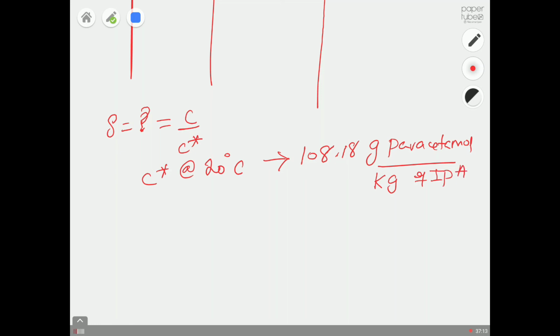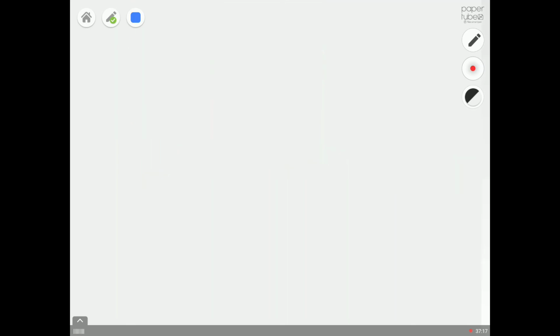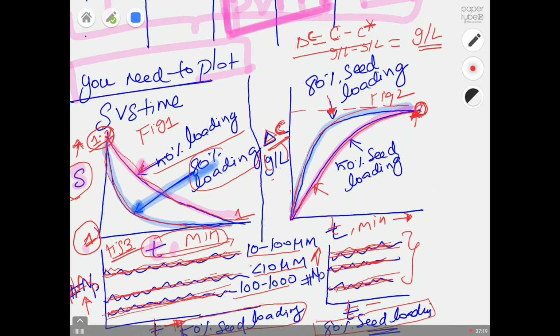So if you look at the instructions, what I said, you have to express this delta C in grams per liter. And I said your reactor volume is 750 ml. Just to maintain consistency, all of you use the same concentration.